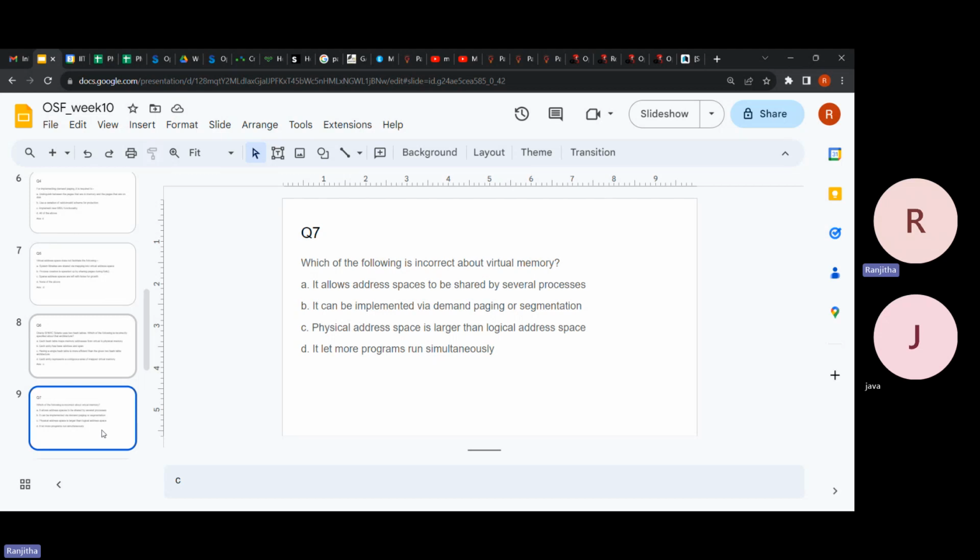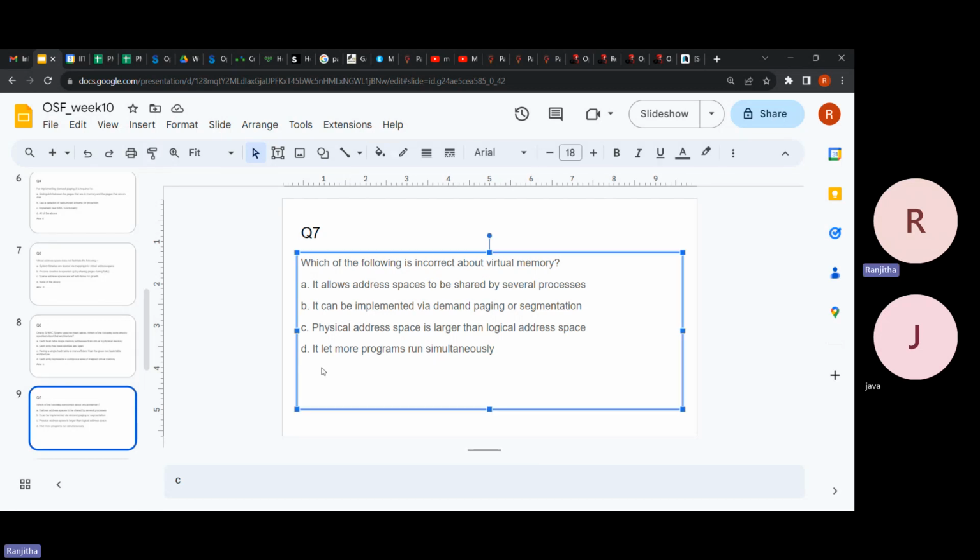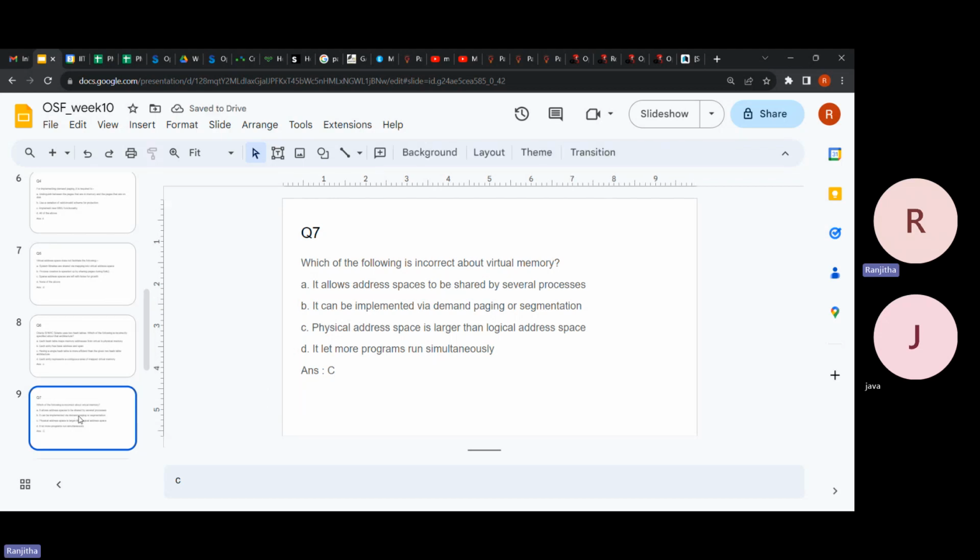It can be implemented via demand paging or segmentation, that is true. Physical address space is larger than logical address space is incorrect. So here the answer is C. The virtual address space is larger than physical address space.